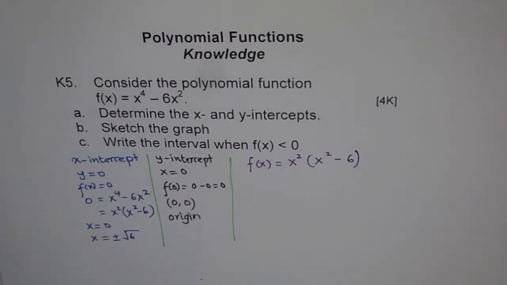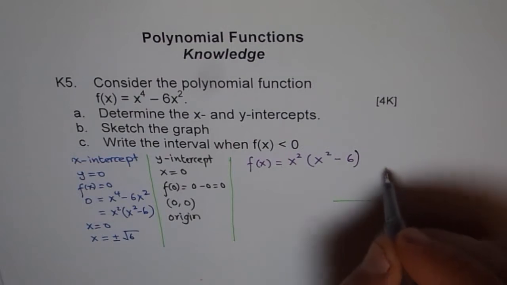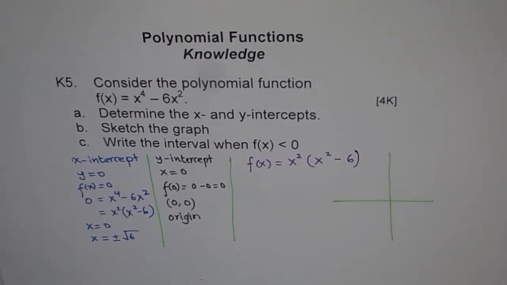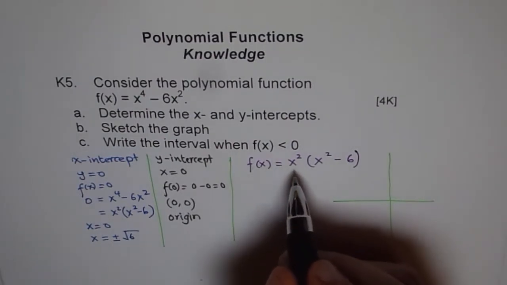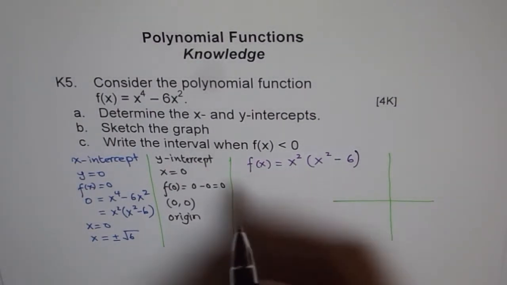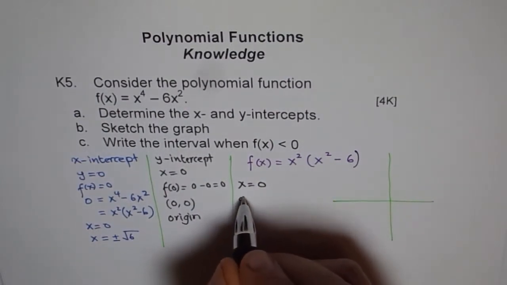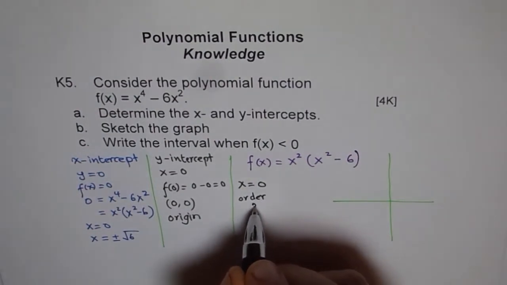It was x to the 4, correct? Now that gives us zeros, but the important thing here is the type of zeros. When you sketch, we are not only interested in the x-intercepts, but in the type of zeros, okay? That is going to help us to sketch the graph. Now, what are the zeros for us? The first zero is at x equals 0, and its multiplicity or order is 2, correct?